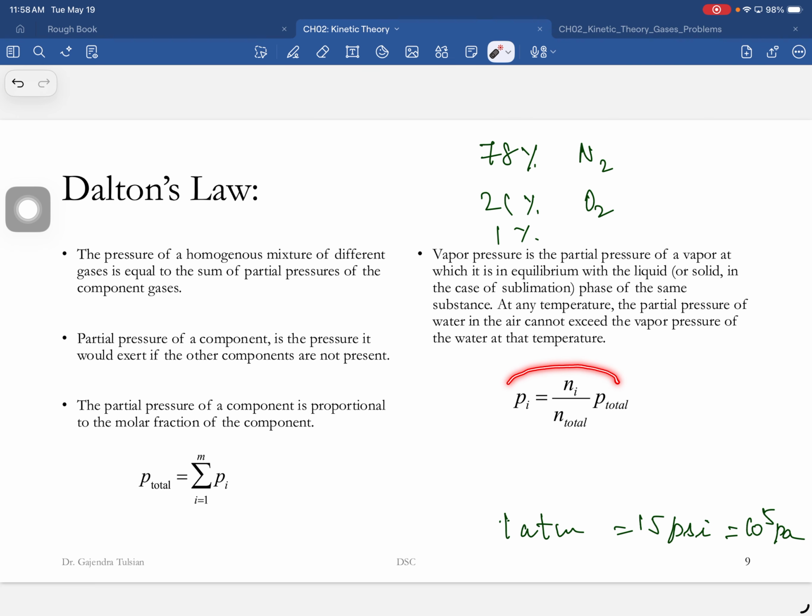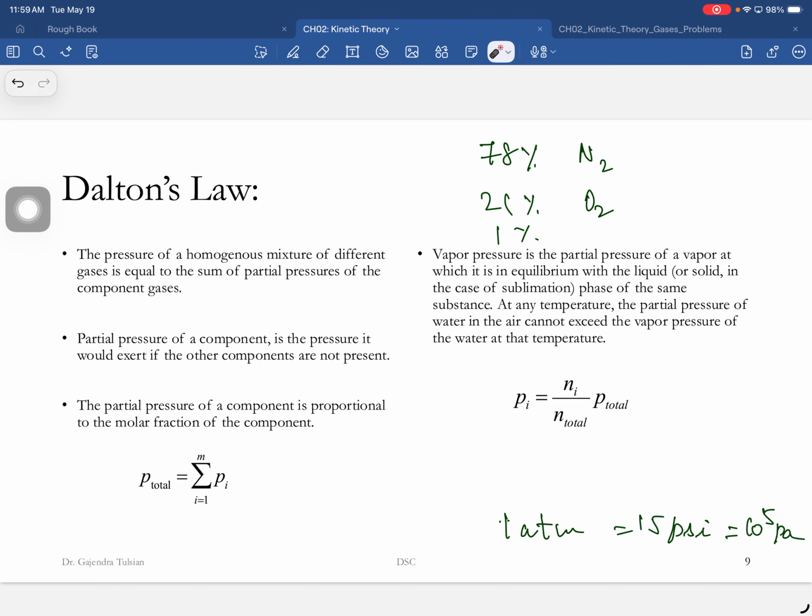And what he's saying in this equation is that the partial pressure exerted by an individual gas is equal to the fraction of molecules of that gas in the mixture. So the pressure exerted by nitrogen is 0.78 atmospheres. For oxygen, the fraction of molecules is 21%, so 0.21 atmosphere is exerted by oxygen.